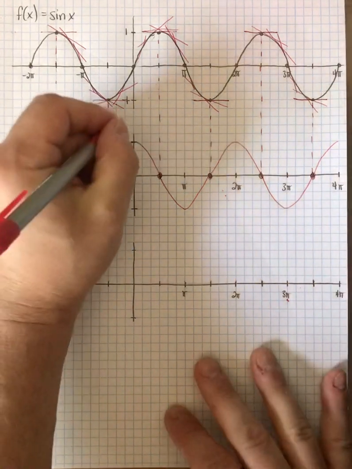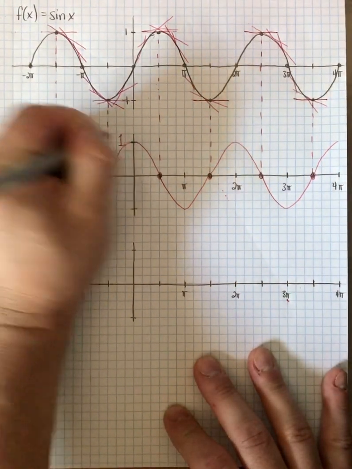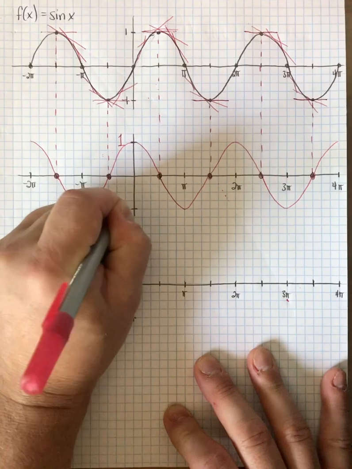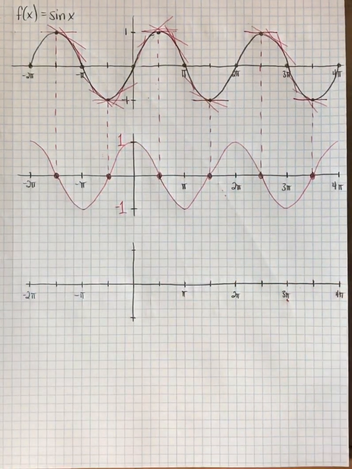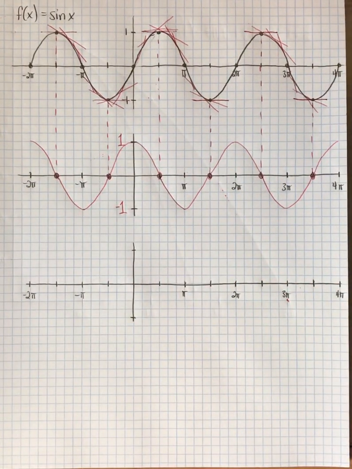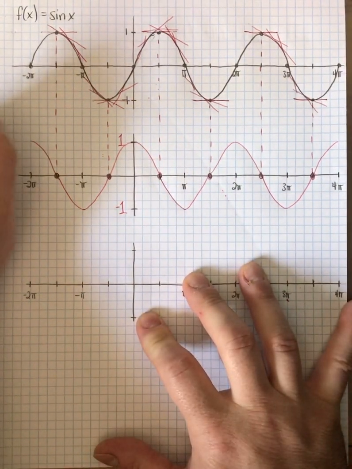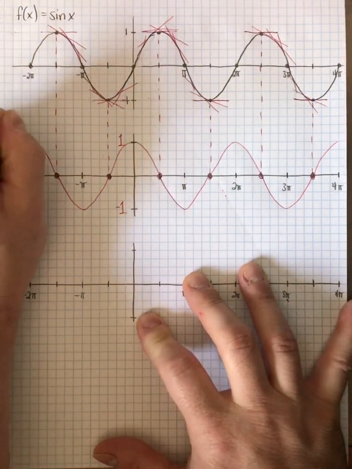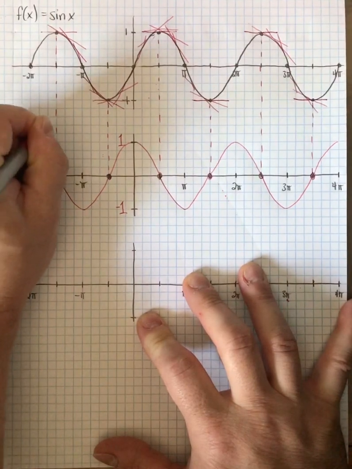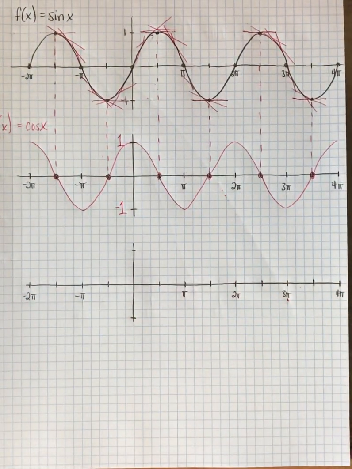So from that, we know that the scale on the y-axis here is the same as the scale on the y-axis for the original function. And we have that the derivative of sine of x is cosine of x.